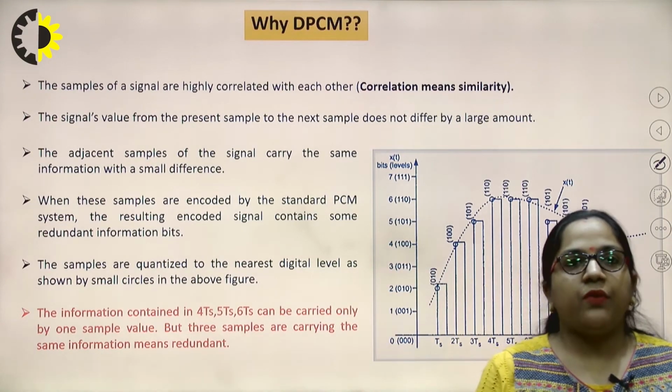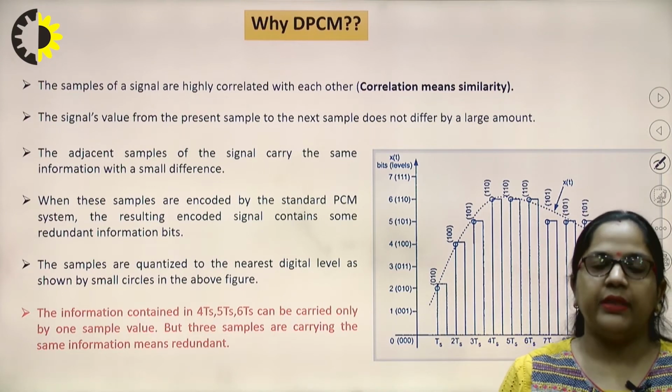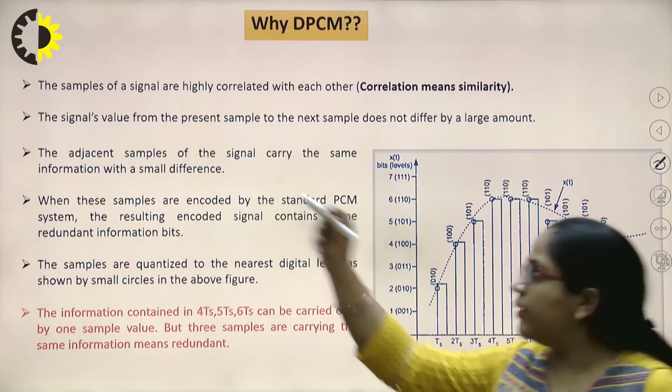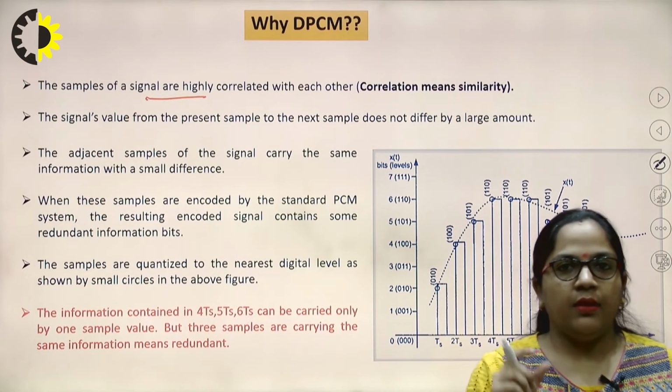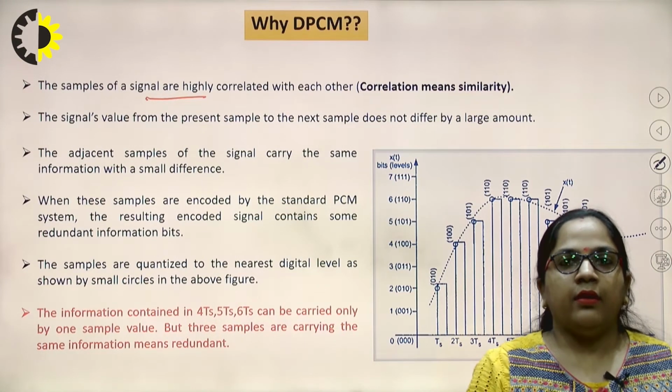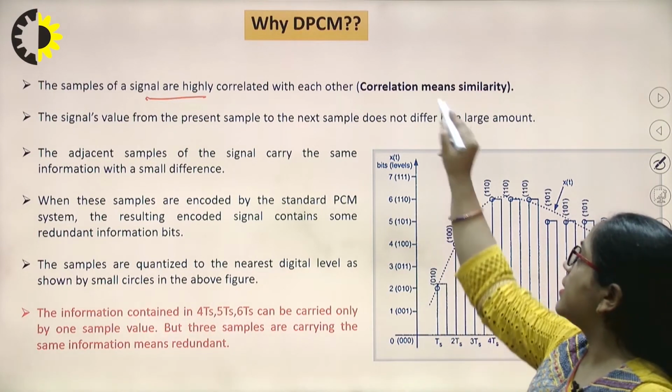So the samples of an analog signal are highly correlated with each other. What is the meaning of the word correlation? The samples of any signal are very similar to each other. Correlation means similarity.